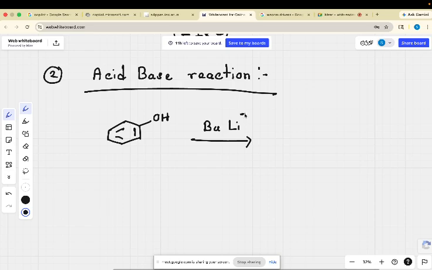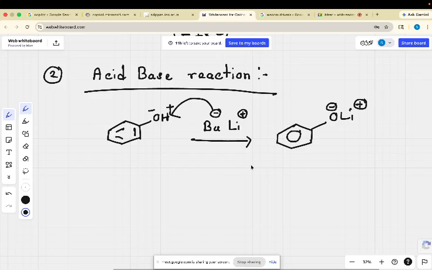What will happen? Again lithium is positively charged, butyl is negatively charged. Here oxygen is negative, hydrogen is positive. So butyl minus will take up the proton, and you will get OLi, oxygen negatively charged, lithium positively charged. Clear? Butyl minus takes up the proton because it's an acidic proton.